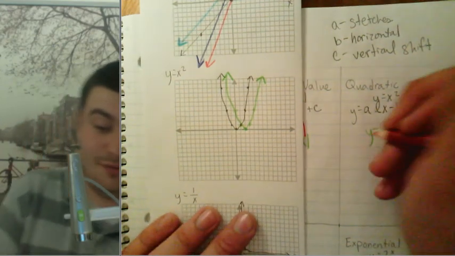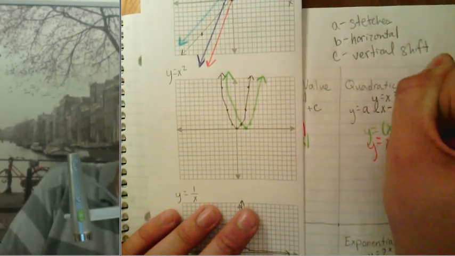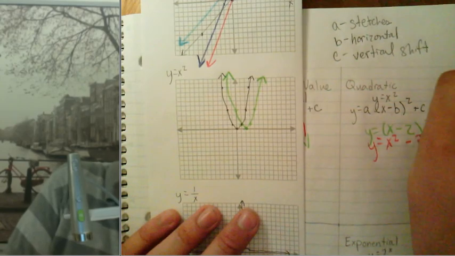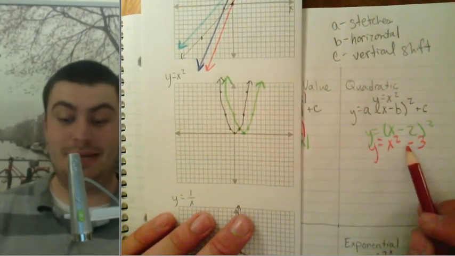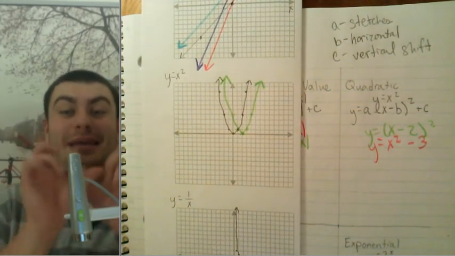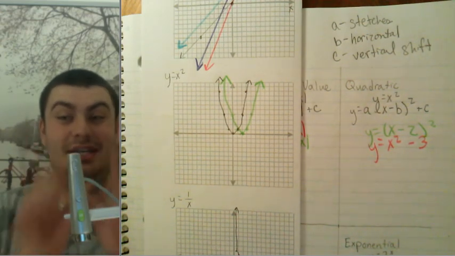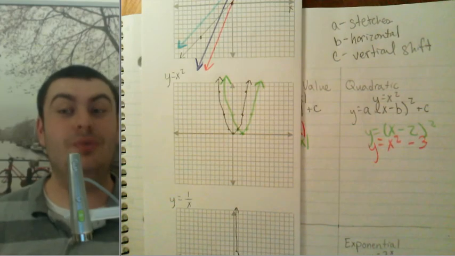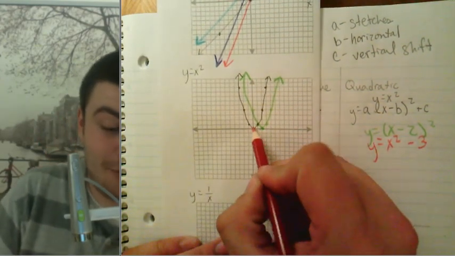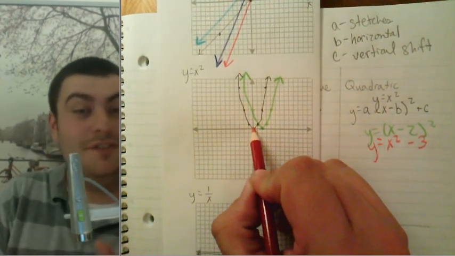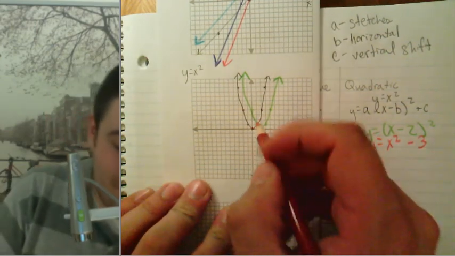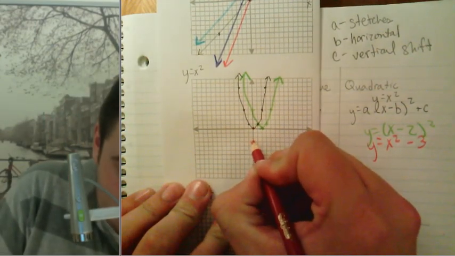Let's look at if we had y equals now x squared minus 3. Notice that this minus 3 happens outside the square, so that's going to be a vertical shift up and down. So when we take a look at that, I take my original family graph, and I move down 3.